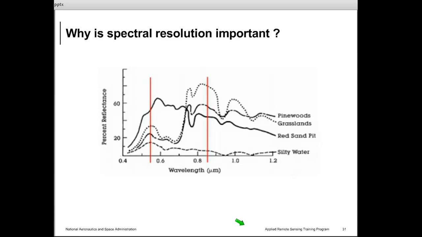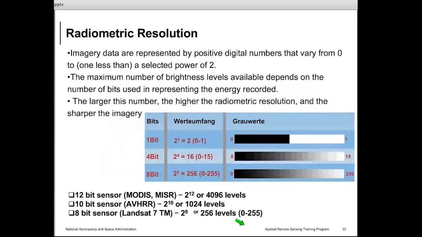If you have a broadband instrument, it will be very hard to differentiate between the different classes. But with a narrow band, hyperspectral instrument with high spectral resolution, you can differentiate between different classes. So spectral resolution becomes very important when we want to separate things in the atmosphere or on the Earth's surface.